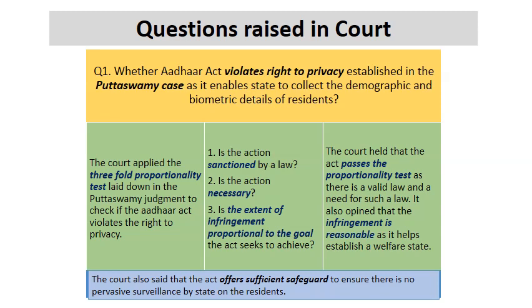Now, since there are so many people who are living below poverty line, people who do not have access to 3 meals, they need such a legislation to ensure that the subsidies, the benefits are reaching them. Because already we are facing so many issues related to inefficient delivery of services due to ghost beneficiaries, exclusion errors.